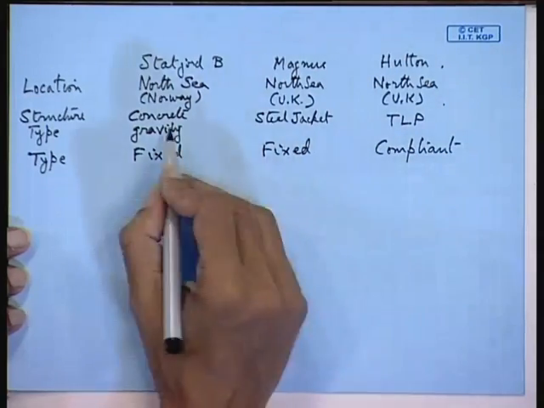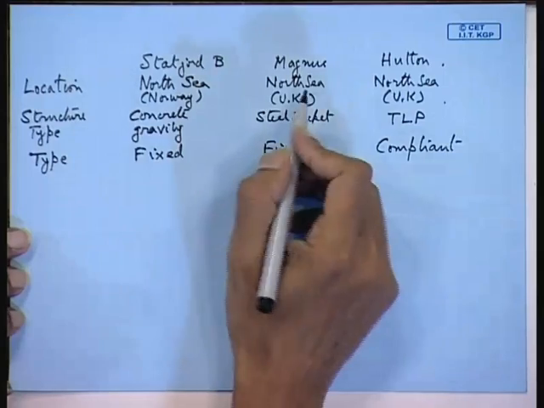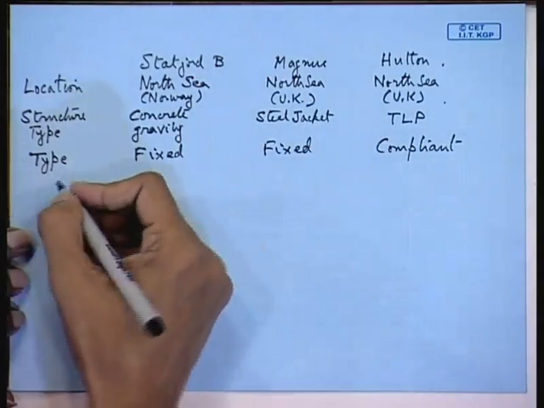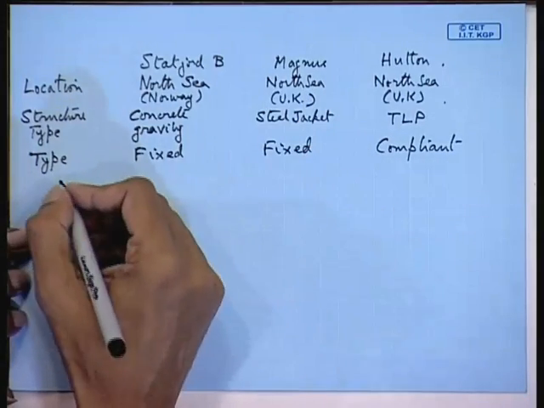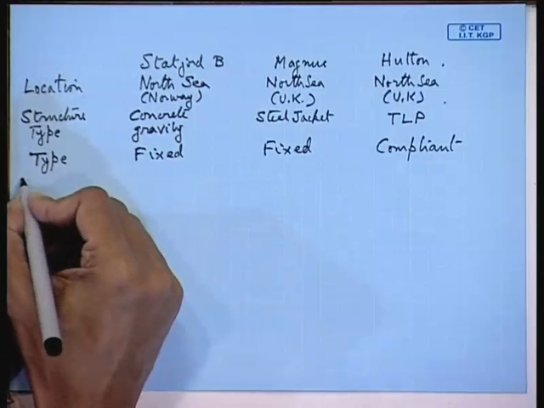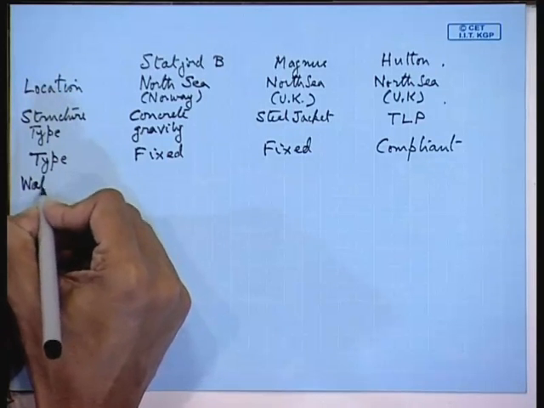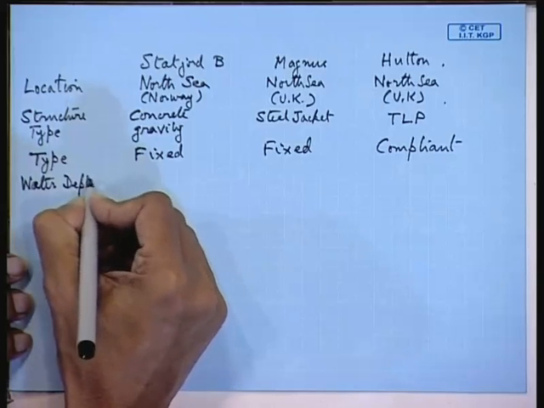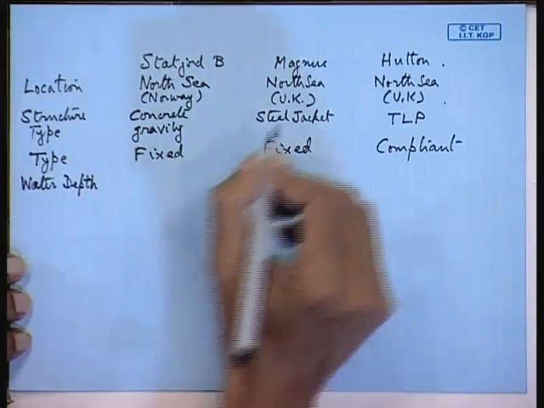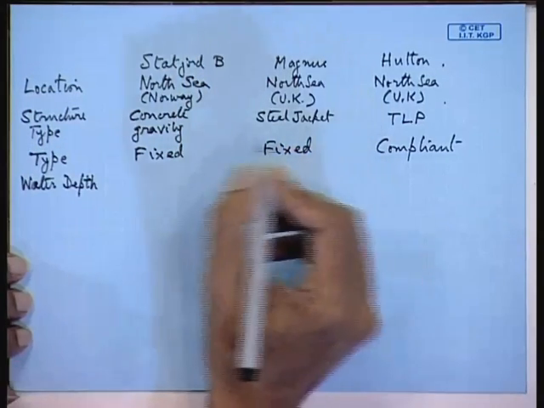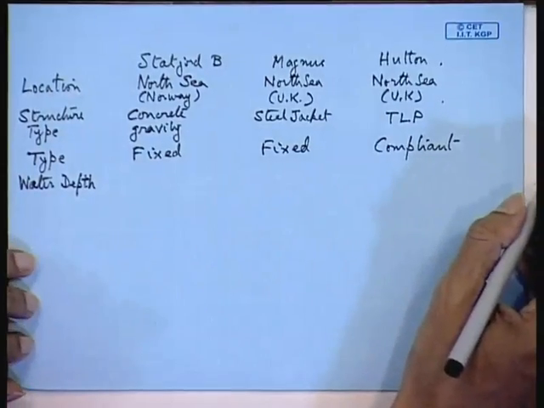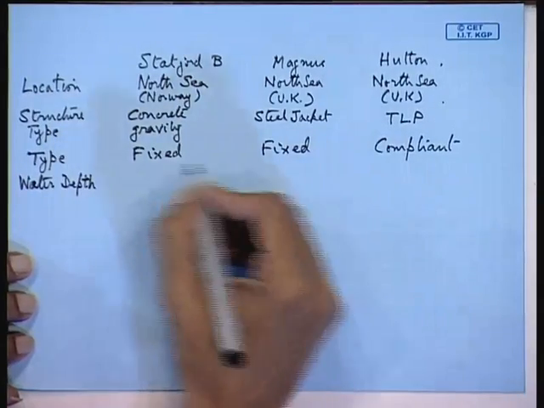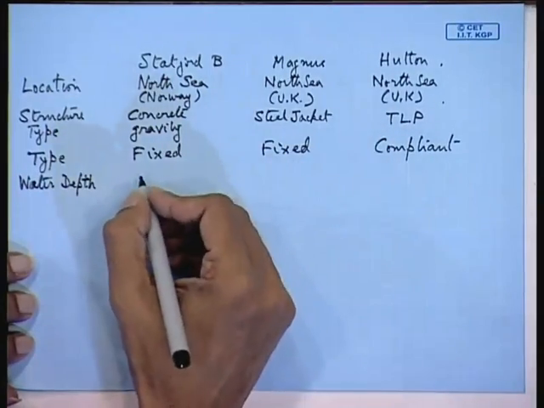Now, you can see the location is more or less the same, that is, North Sea. Here the water depth is slightly varying. So, structure type actually depends on water depth. Water depth is a very important factor in deciding on the type of structure, whether you go for fixed, compliant or floating.